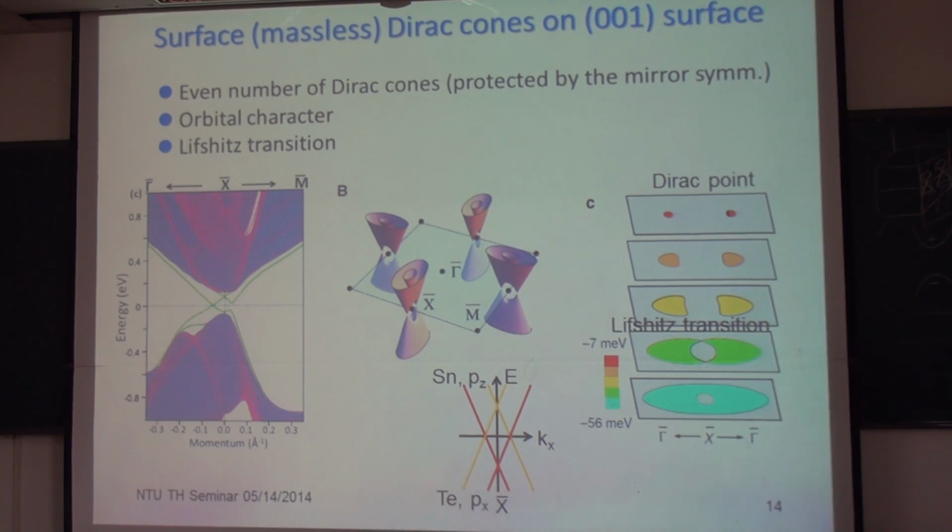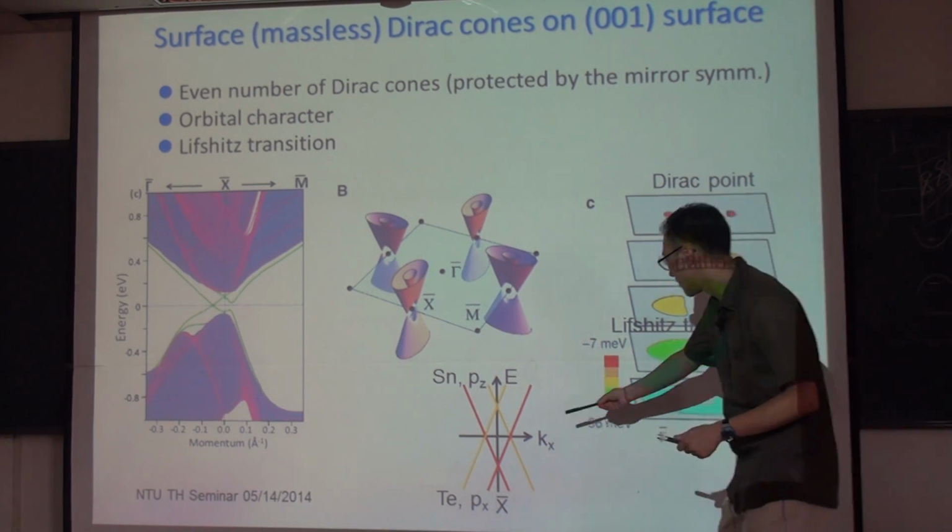And the second thing, also very remarkable, is about its orbital character. It has very different orbital characters above the Dirac cone or below the Dirac cone. This is a schematic diagram.